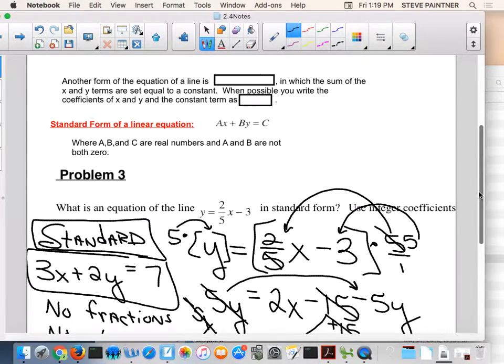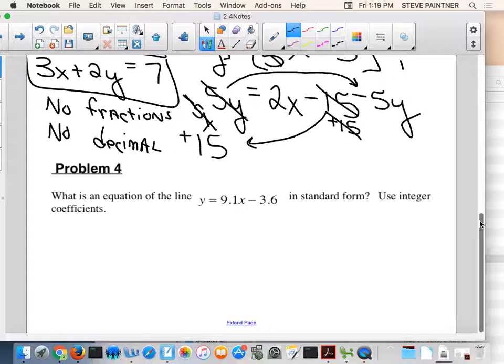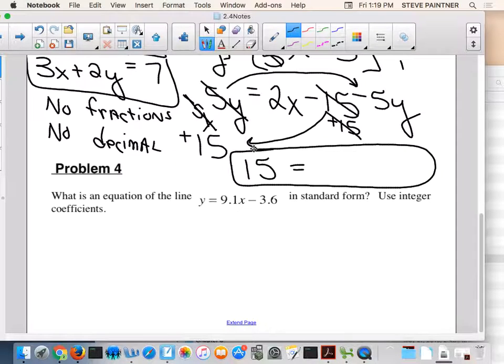All right, now we want to clean it up a little bit. Here we go. There's a 15 over here, right? And 2x here. Now take away what? 5y. And there it is. Okay? Does that make sense?